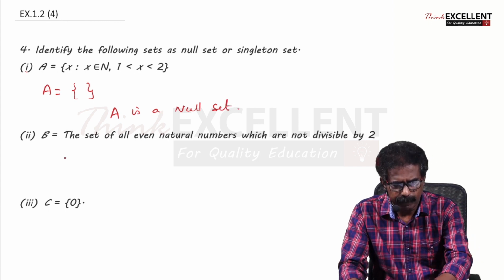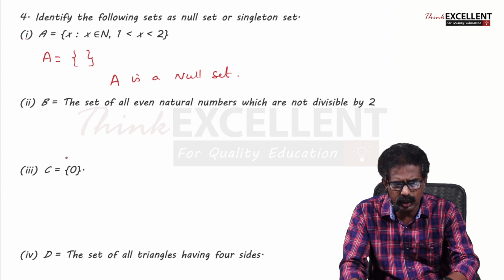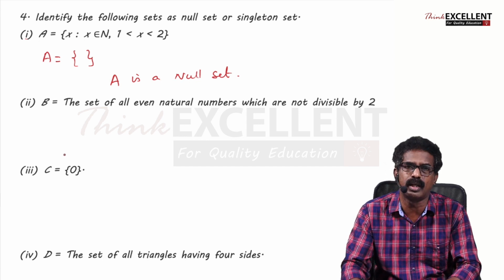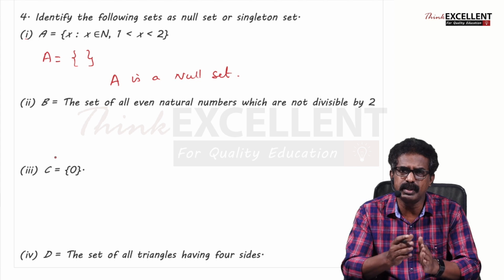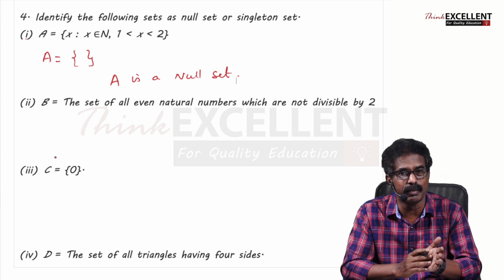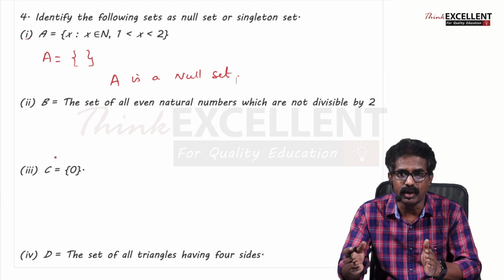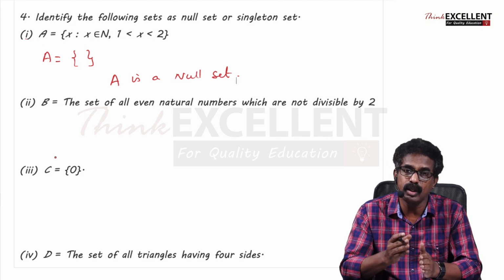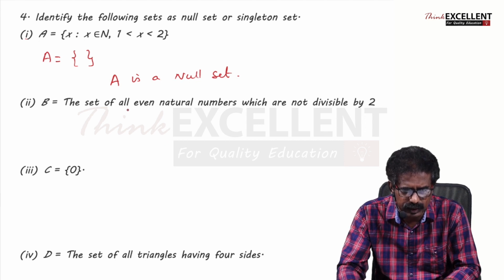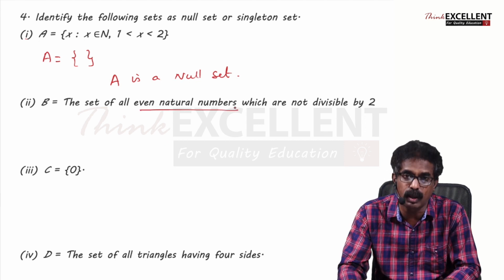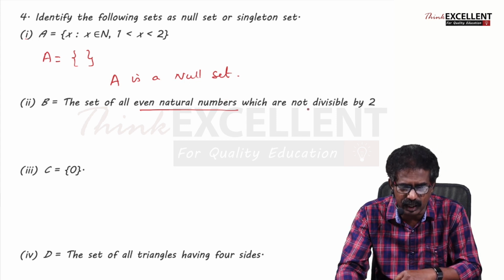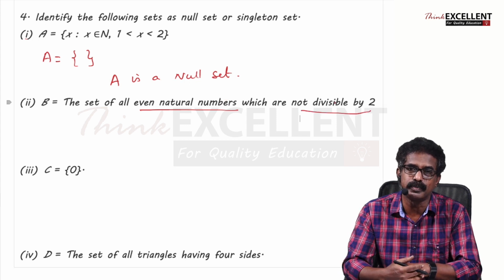Next one, B. The set of all even natural numbers which are not divisible by 2. Natural numbers are 1, 2, 3, 4, 5 and so on, odd and even. 1, 3, 5 are odd numbers; even numbers are 2, 4, 6. So the even natural numbers are 2, 4, 6 and so on, with one more condition: not divisible by 2.